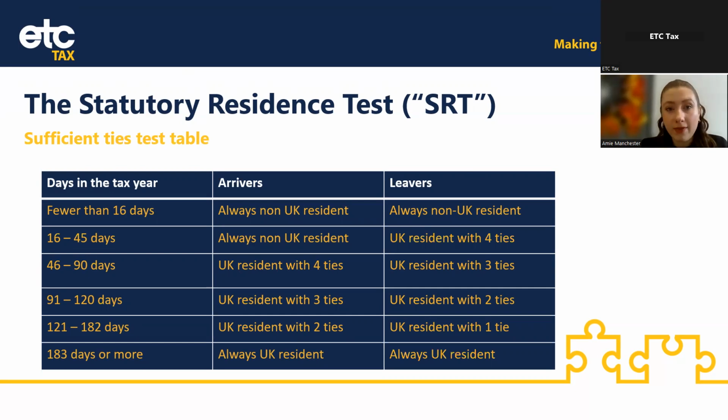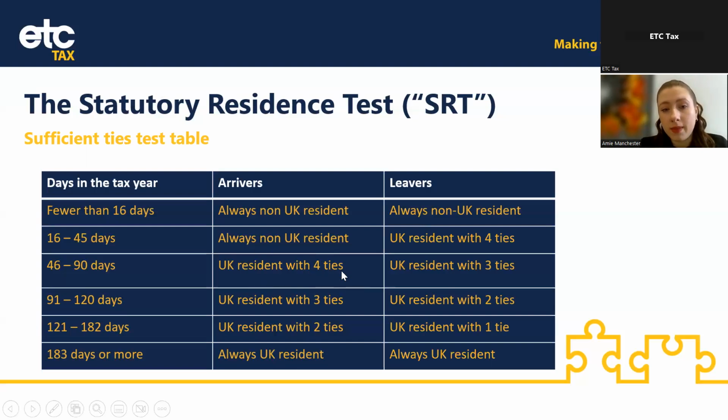So for a leaver, it's easier to be a resident than an arriver, because the arriver hasn't been a UK tax resident in any of the previous 3 tax years. If we look at an example, let's pretend an individual spends 70 days in the UK. We will be looking at the 46 to 90 day bracket in the left column.